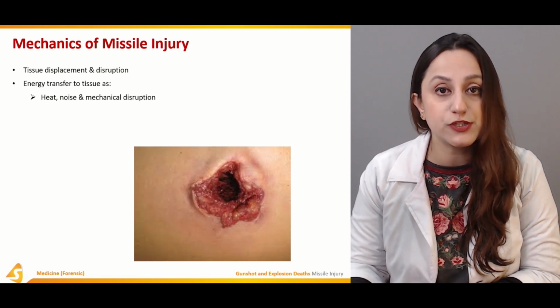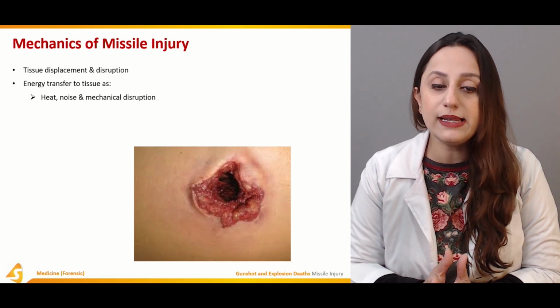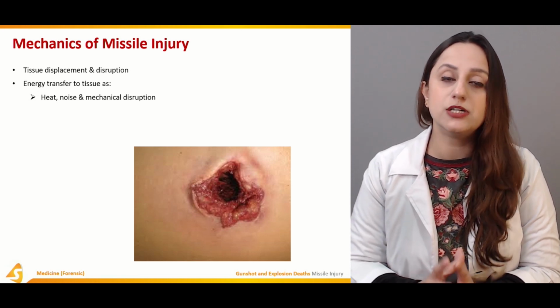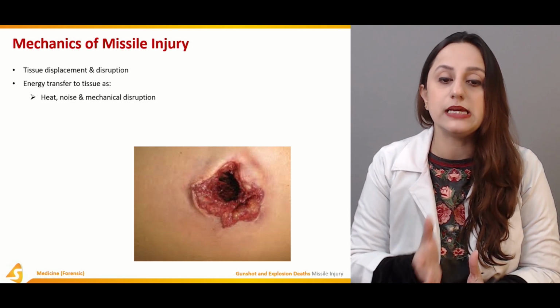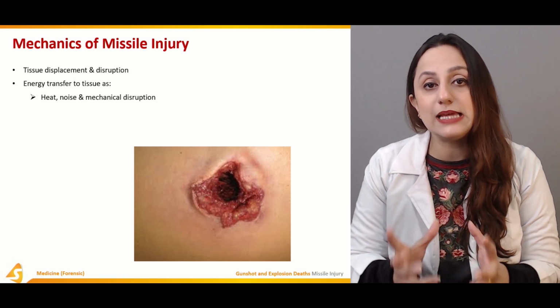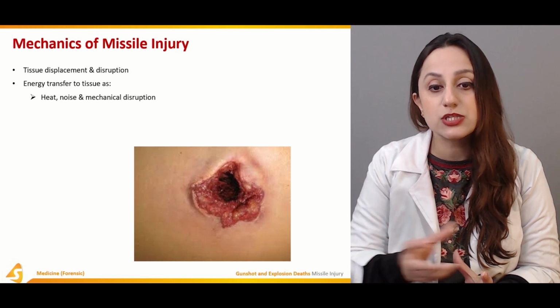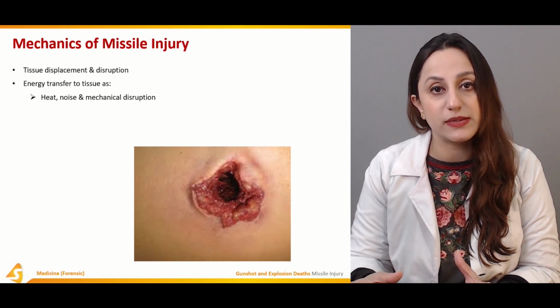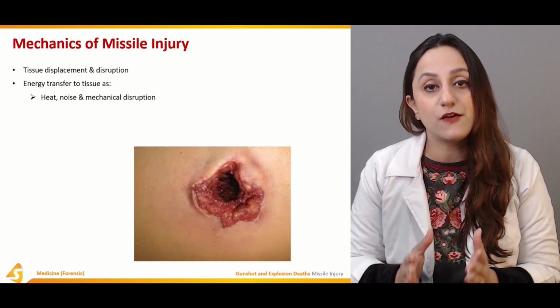So the disruption of the tissue depends upon these factors. Now, according to this energy transfer phenomenon that I was talking about, it's the heat, the noise, and the mechanical disruption that take place at the same time when the bullet impacts the tissues. So all three phenomena, heat, noise, and mechanical disruption, come into play after the impact.